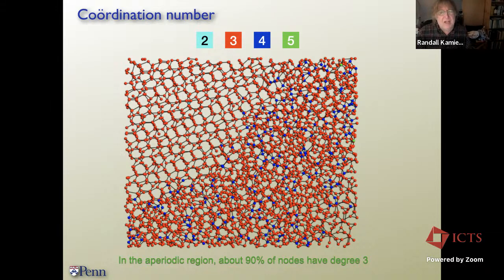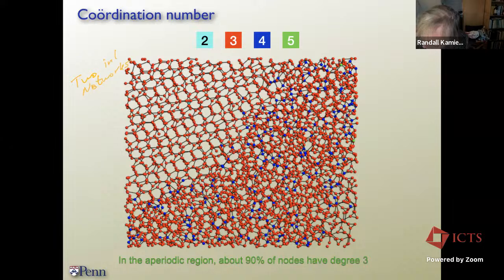And what's crazy about that is you can see there's a clear separation. In this region here, it's pretty much ordered. You have a threefold coordinated network. And this region here, it's kind of disordered. And what's happening in the region over here, there are two networks.